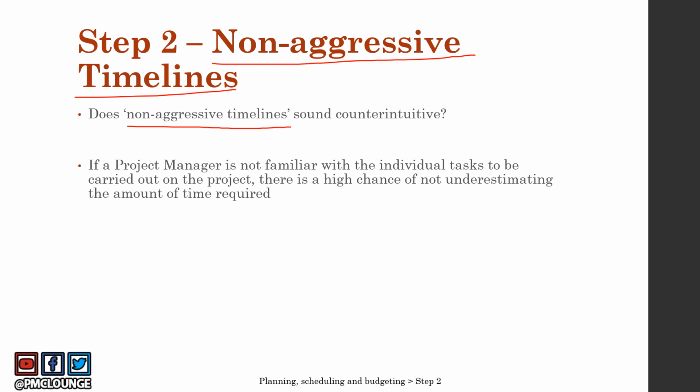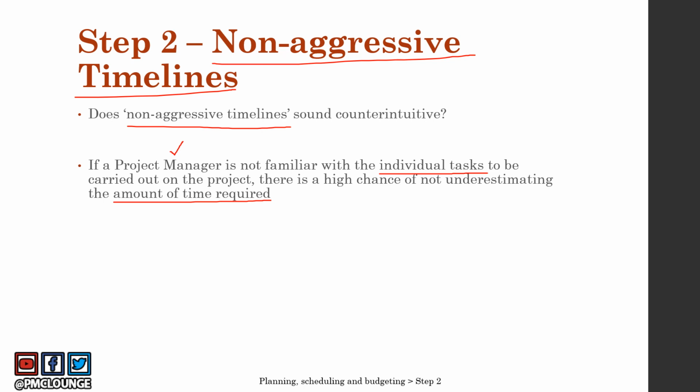So if you as a project manager are not familiar with the individual tasks that you need to carry out on the project, there is a high chance of not understanding the amount of time required for completing the project. So that is why as a project manager, it is very important that you have a certain amount of domain experience, a certain amount of technical knowledge as well.